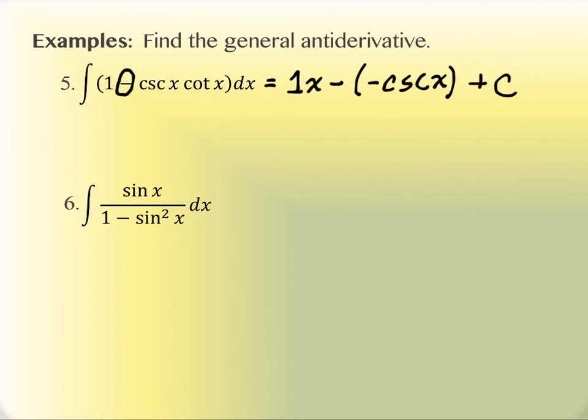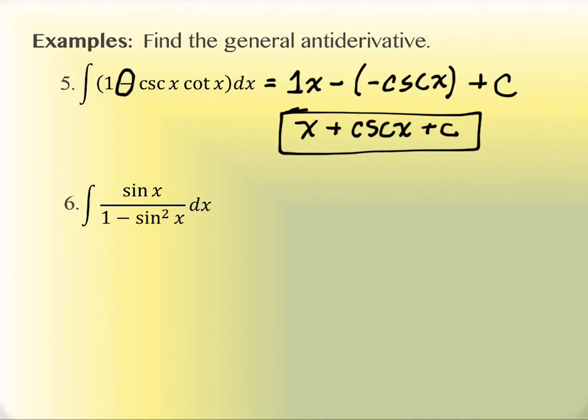We still need a plus c. Or if you happen to recognize the negative was already there, that would have been fine as well. And you can recognize then that this is x plus the cosecant of x, either originally or when you simplify is fine, plus your c. Because the derivative of cosecant x is negative cosecant x cotangent x, right? That's one of your rules thought of in reverse.